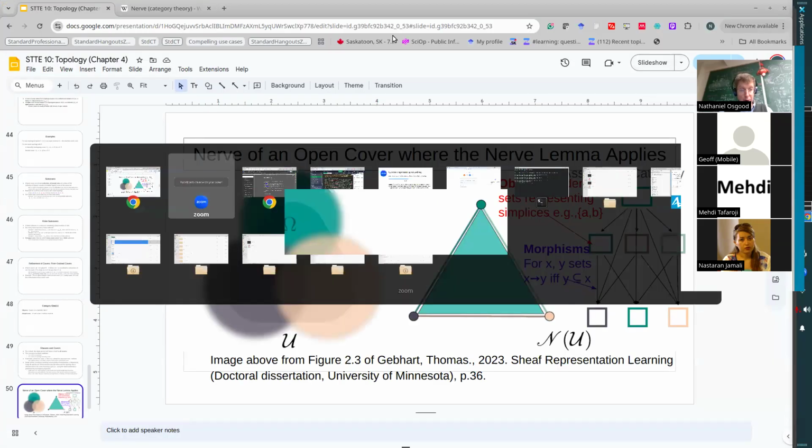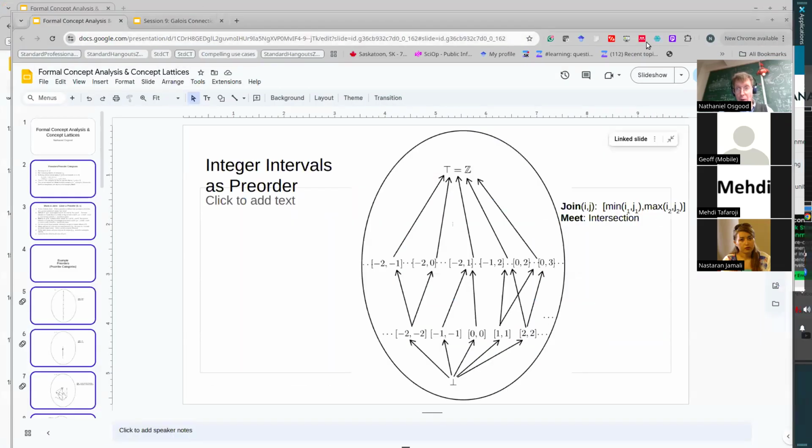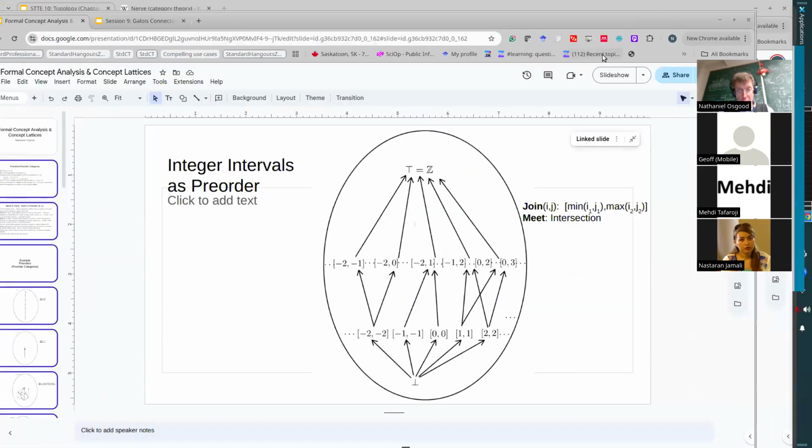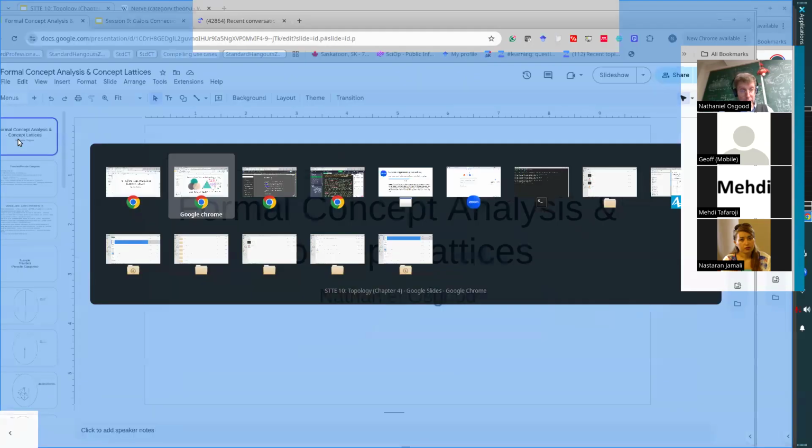As I had noted, I wanted to discuss this topic, which is going to concern the intersection of category theory and data analysis.